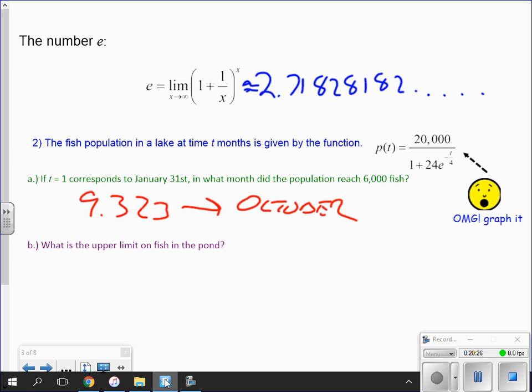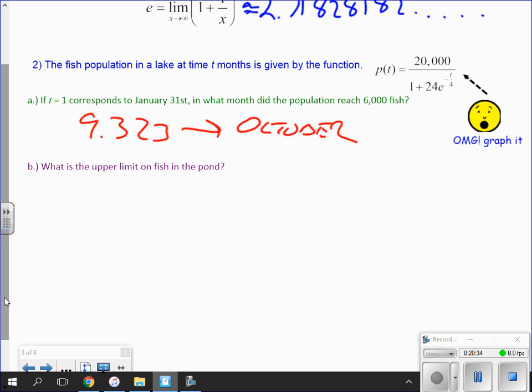If I look at this equation, 1 plus 24 e to the negative t over 4 power. If I get rid of the negative, that means I have 1 plus 24 over e to the t over 4 power.